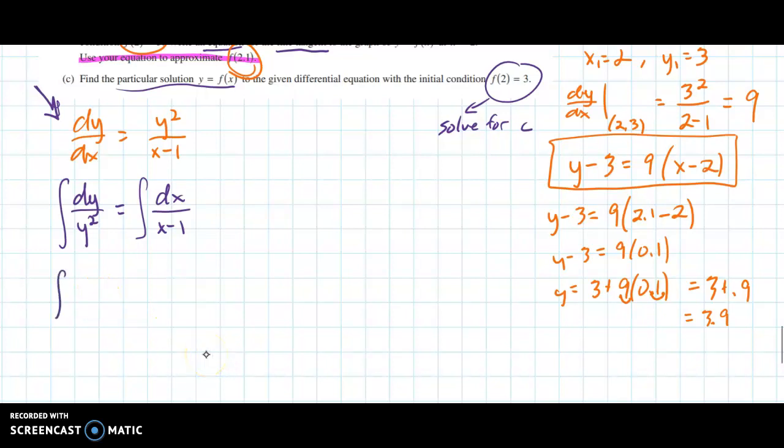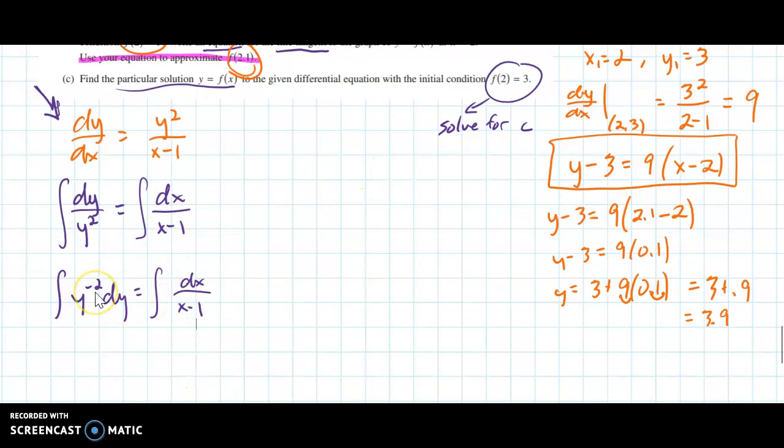This is the same as the integral of y to the negative 2 dy equals the integral of dx over x minus 1. Now, I don't have any special insight into this, but my guess is that the most common mistake in 2016 on this FRQ was to write ln of y squared.